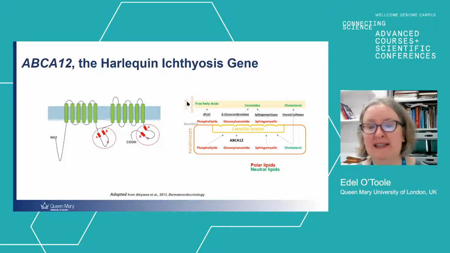Basically in skin, you've got two types of fats, polar and neutral. Cholesterol, ceramides, and free fatty acids are examples of neutral, and glucosylceramide and sphingomyelin are examples of polar.